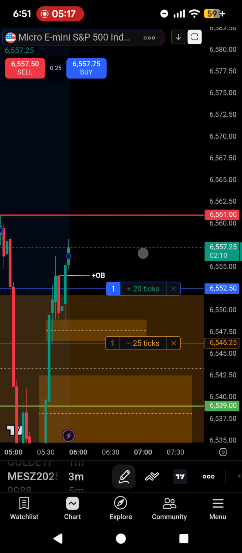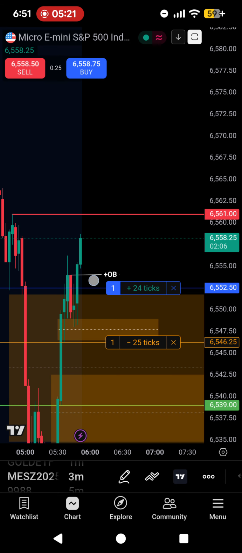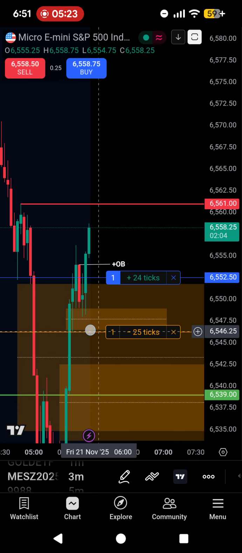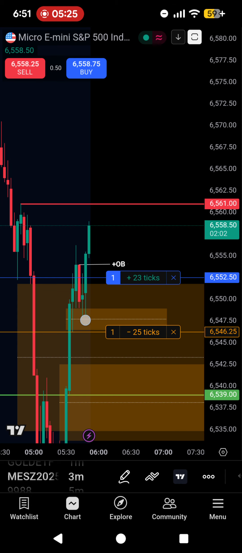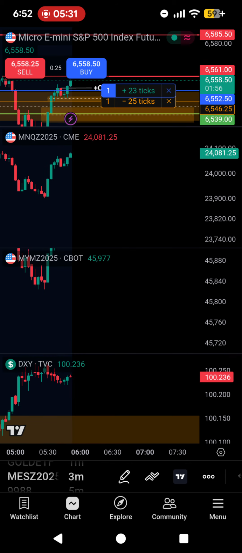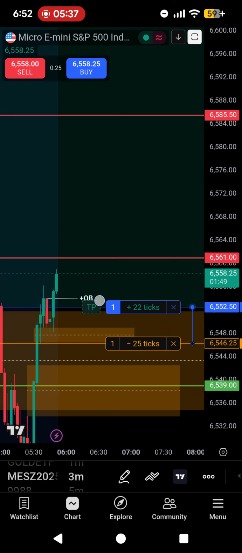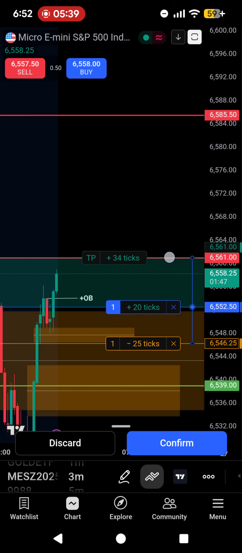Okay, so this is seen as an order block. And right now here we have a fair value gap. So we're going to expect this swing low to stay intact because this swing low is the 5-minute swing low, remember? And I'm just going to take the TP at the buy side here.